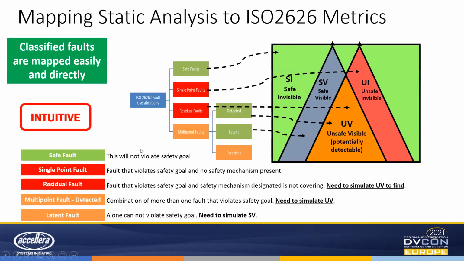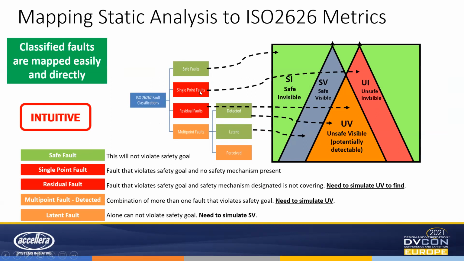So this is the intuitive classification of the ISO definition. Please recollect that a few slides earlier we saw this fault definition: safe faults, single point faults, residual faults, and things like that. This can be directly mapped to the classification Optima has done.